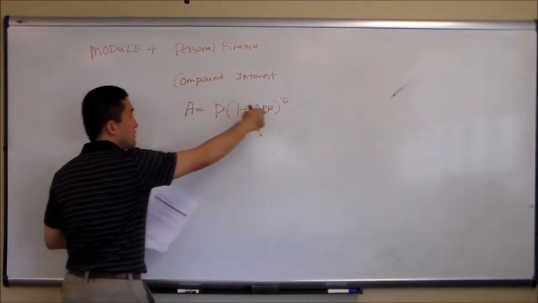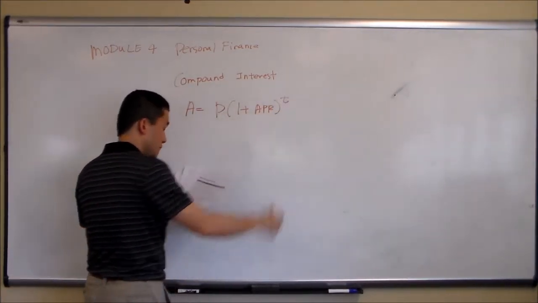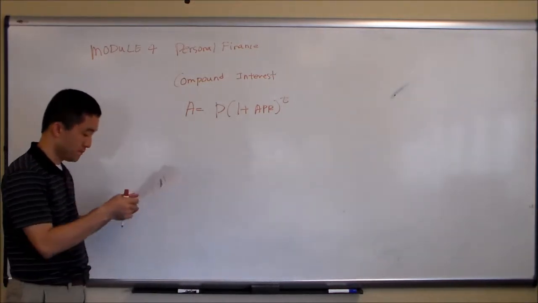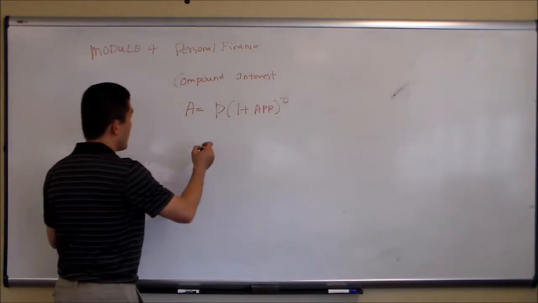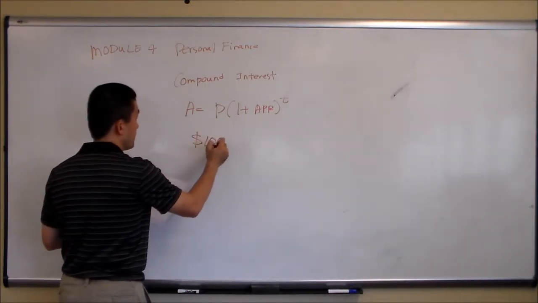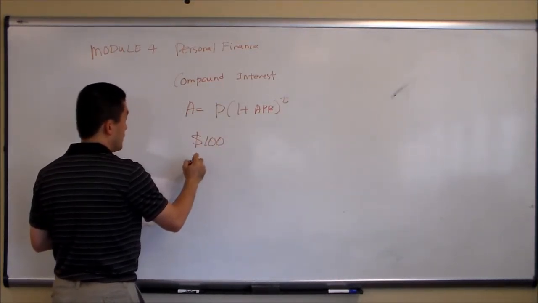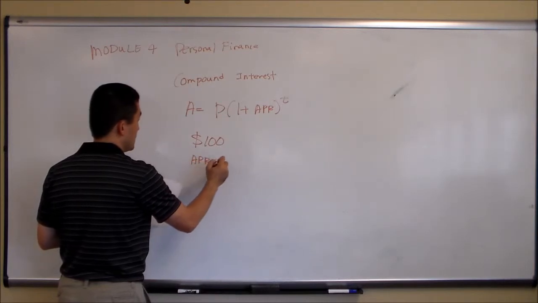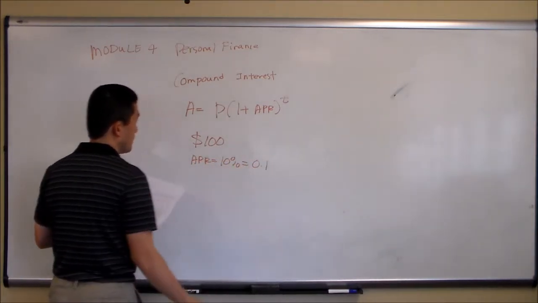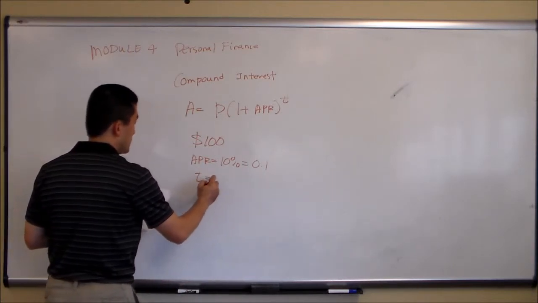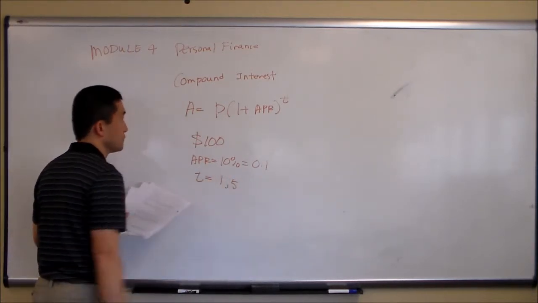It's compounded because it's raised to the power T. So let's say you do the same problem, $100, APR of 10%, which is 0.10, and T is either 1 or 5.